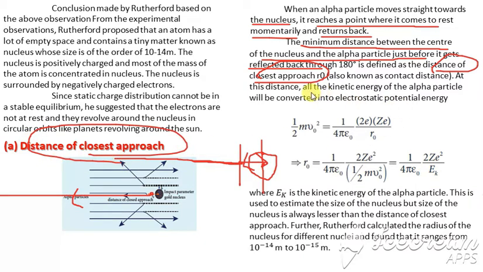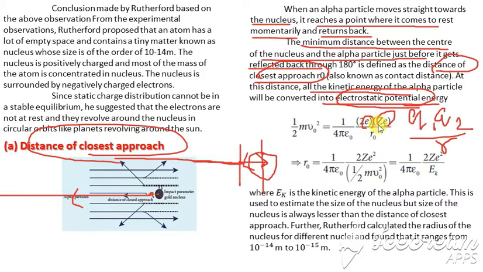At this point, kinetic energy is equal to the electrostatic potential energy. Kinetic energy is half mv square. Electrostatic potential energy, which we studied in the first lesson itself, is 1 by 4 pi epsilon naught q1 q2 divided by r. Instead of q1 and q2 we write 2e and Ze.